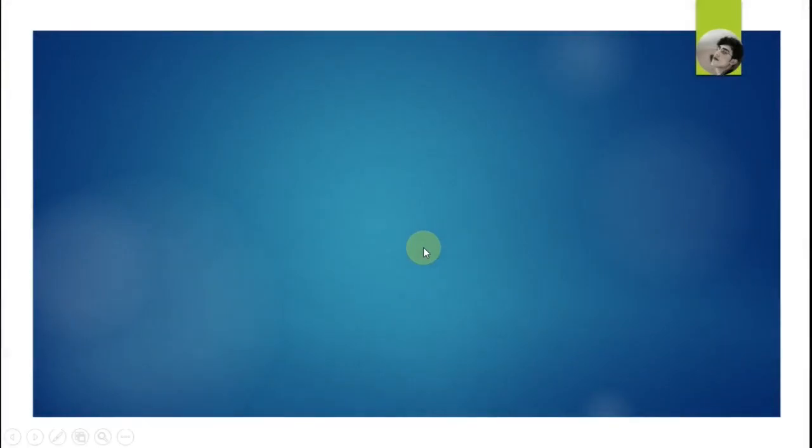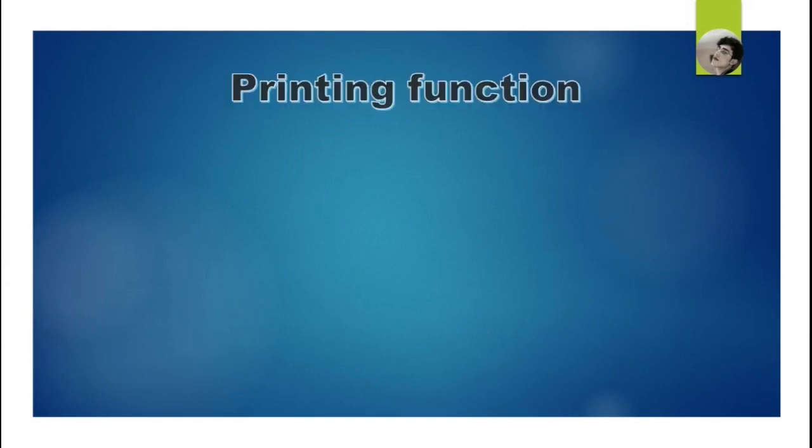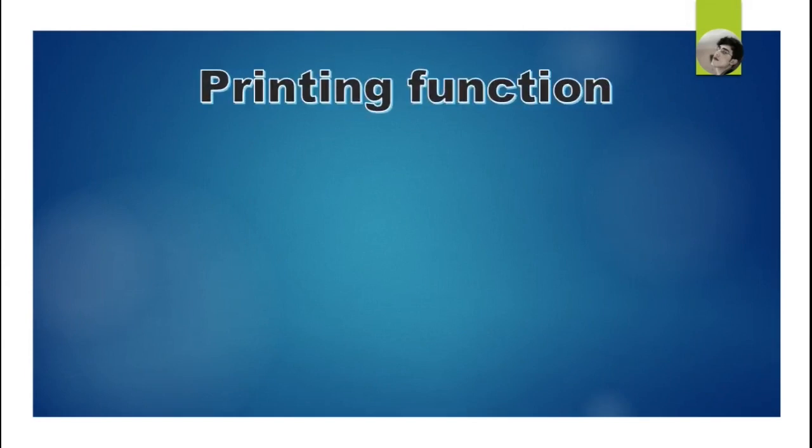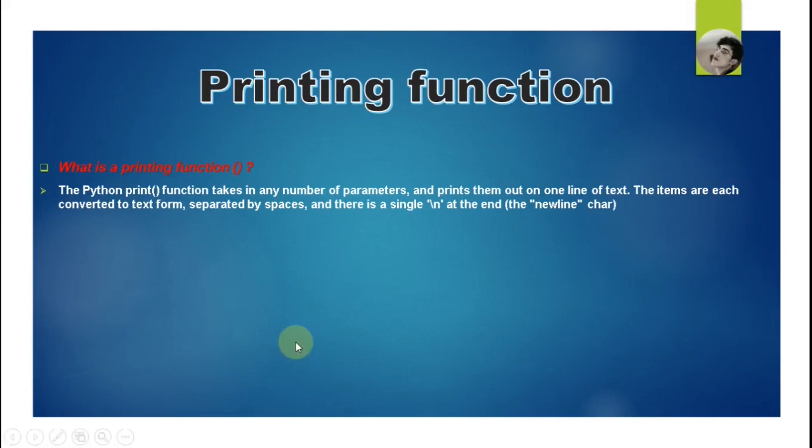Let's give it a little bit of definition, and then we're going to demonstrate how to write the print function in Python. To create a print function in Python, your code should start with print. Look at the word print. It should be written correctly.